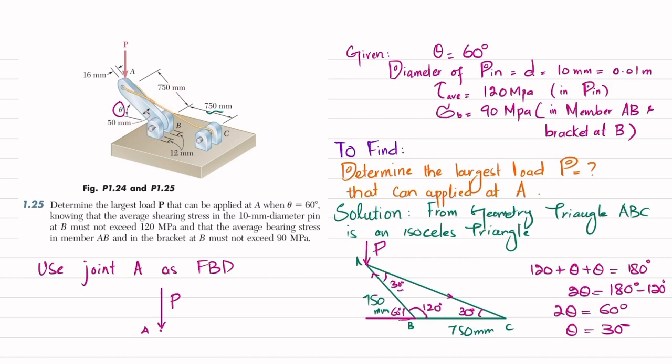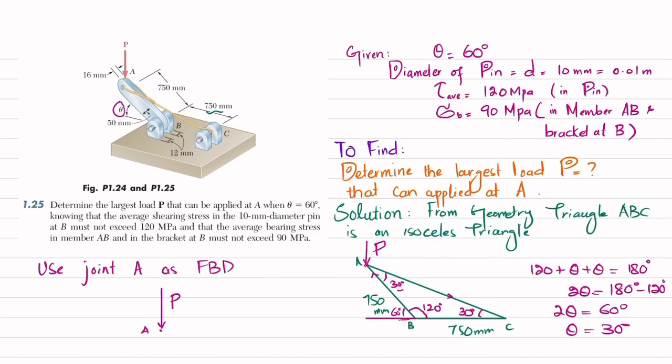So we will draw it. FAB is this force. It makes an angle of 30 degrees over here, 30 degrees with the vertical axis.